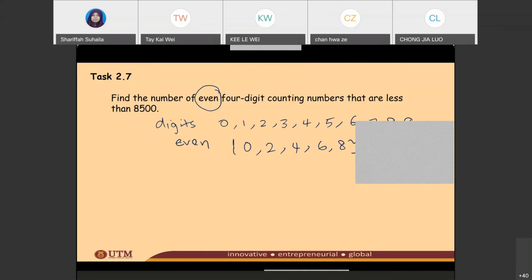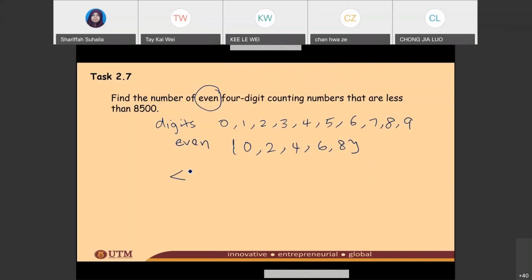Okay, I'm not sure how you proceed with your procedure. Okay, first, you consider the number of possible ways to get less than, sebab kita splitkan into two, less than 8,000 in the first category. Second category, we consider between 8,000 to 8,500. So the question is slightly different from the first one ini.